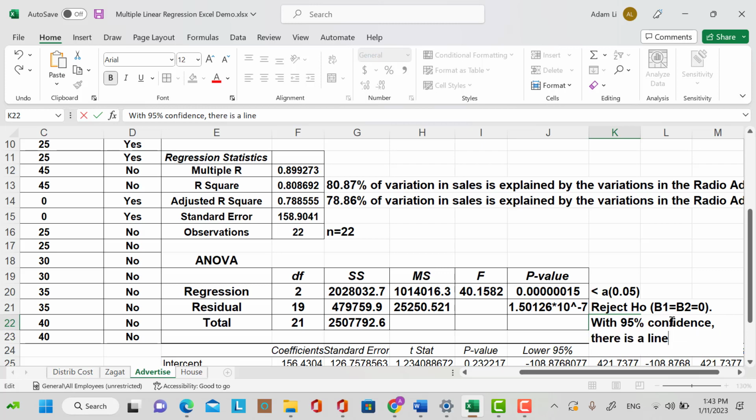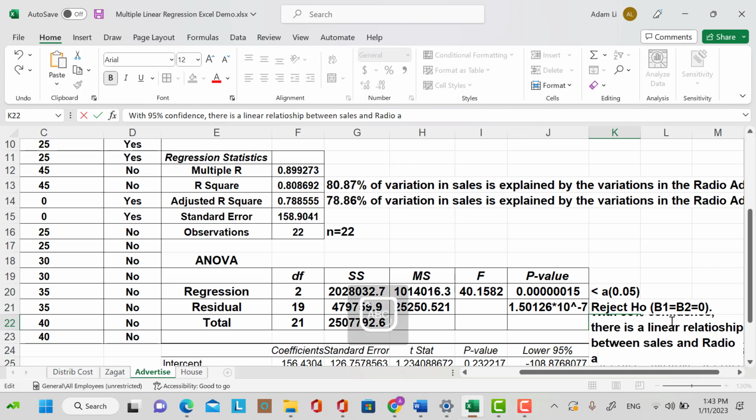That's a linear relationship between sales and radio advertising spending, and also newspaper advertising spending.